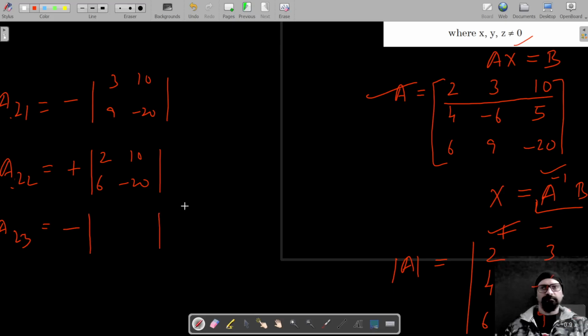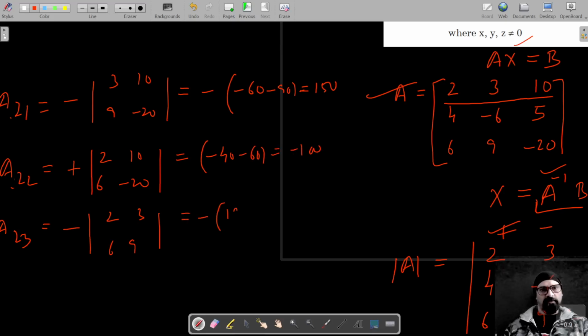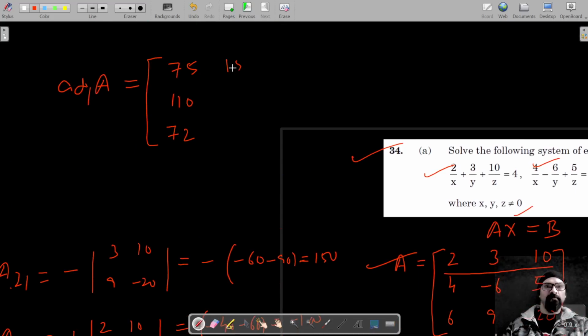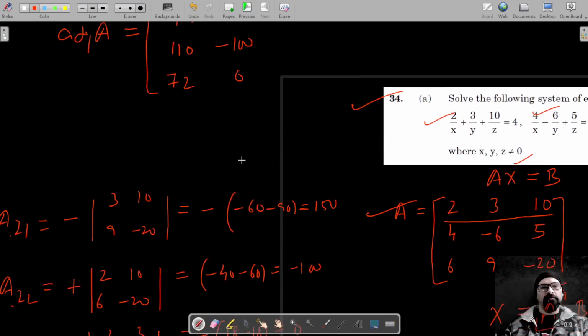And for 2,3, this is the second row and the third element. So 2, 3, 6, 9. So this is negative, negative 60 minus 90 is equal to 150. This is 40 minus 60, equal to negative 100. This is negative 18 minus 18, which is equal to 0. So 150, negative 100 and 0.